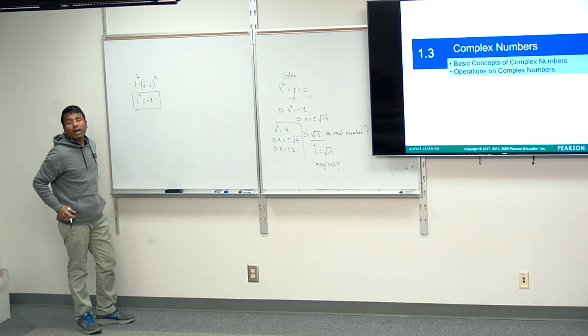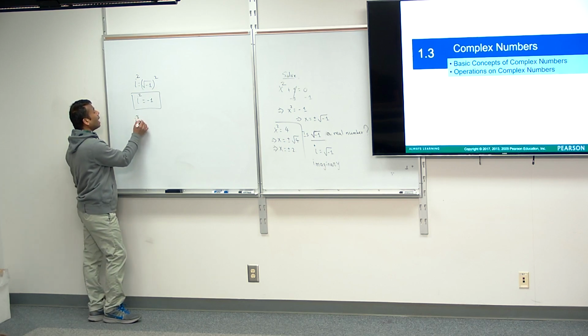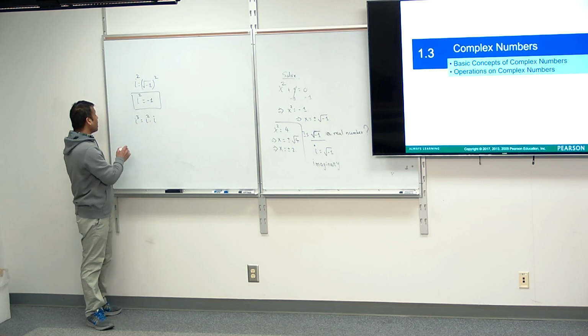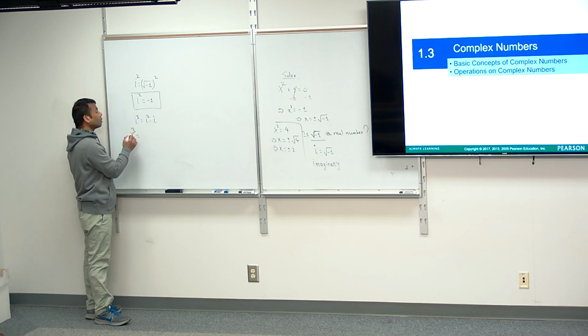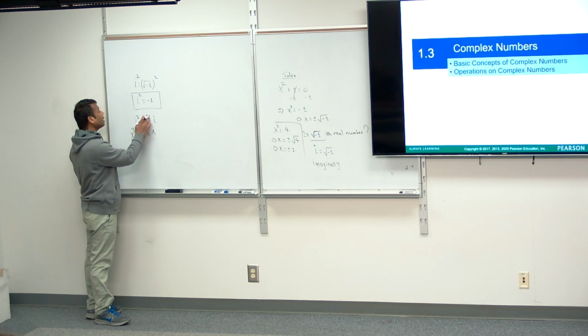If you want to find the value of i cubed, this is i squared times i, is that right? You know that because when you have x cubed, what is this? x times x times x, right? If you have i cubed, you can rewrite it as i times i times i.